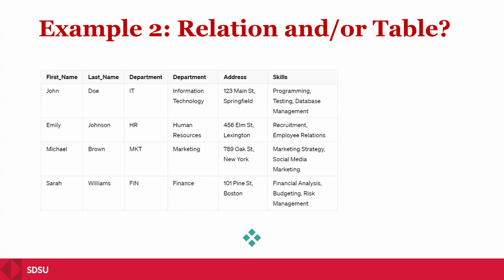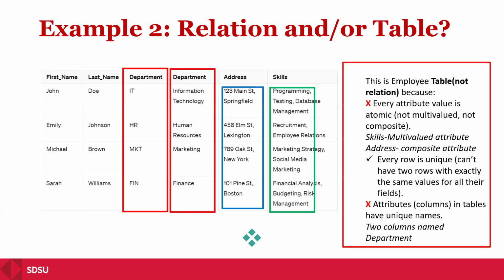Same idea here, so please think, analyze, and pause the video and let me know whether this table is a relation or not. Okay, so this table is not a relation for multiple reasons.